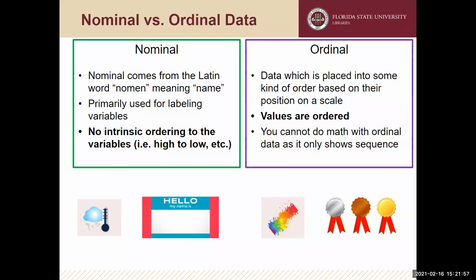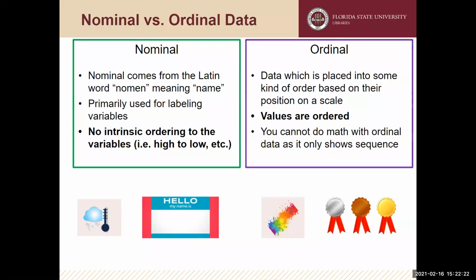That can be thought of as nominal data, whereas ordinal data is ordered in some way. It's placed into some kind of order based on their position on a scale, right? So if we go back to our names example, if you have top 20 baby names in 2020, that's an example of ordinal data.